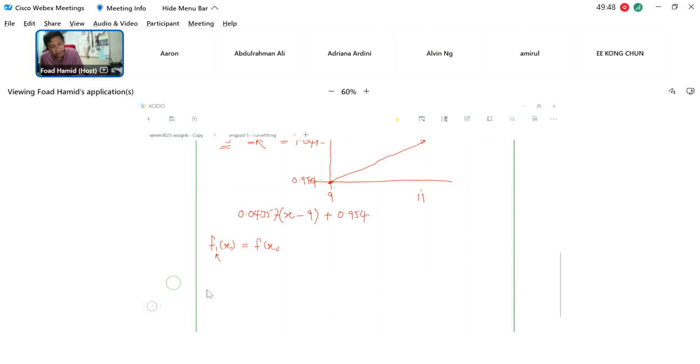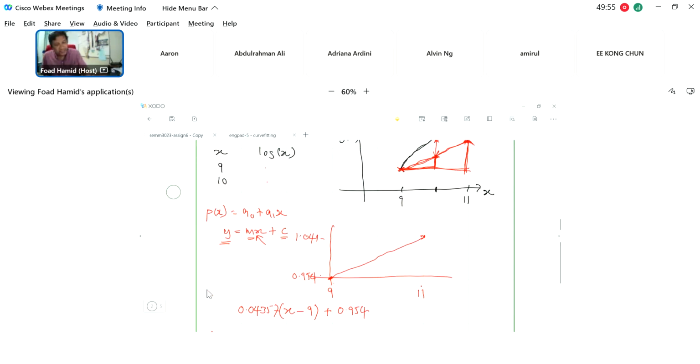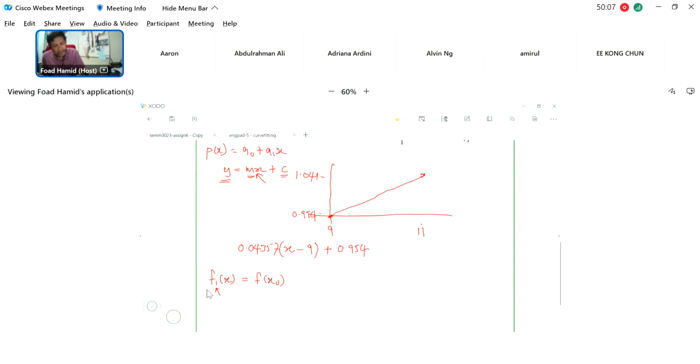For Newton divided difference, the formula for linear, first order, is just f(x0), which is the first value. This is my x0, this is my x1, this is my f(x0), this is my f(x1). Plus f(x1) minus f(x0) over x1 minus x0. What is this?